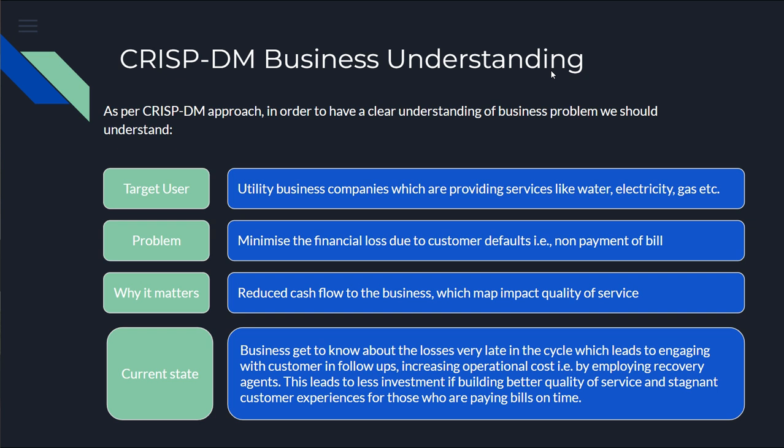Okay, so in order to understand the business problem, we will be using the CRISP-DM business understanding model. As per the CRISP-DM approach, to have a clear understanding of the business problem, we should have answers to the questions which we'll be seeing now.